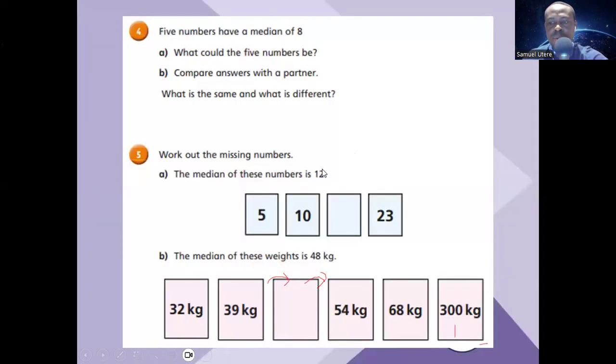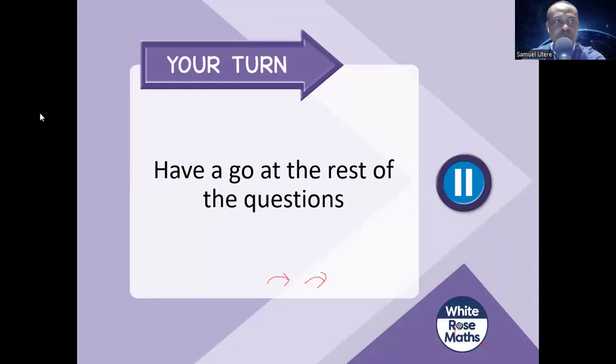Okay, it's now your turn to practice what you've learned. What we've learned so far is that you can have a set of data where you use your interval technique to work out the median value, or you'll be given the median value, and then you use your interval technique to work out the two numbers that you could add to work out your median.